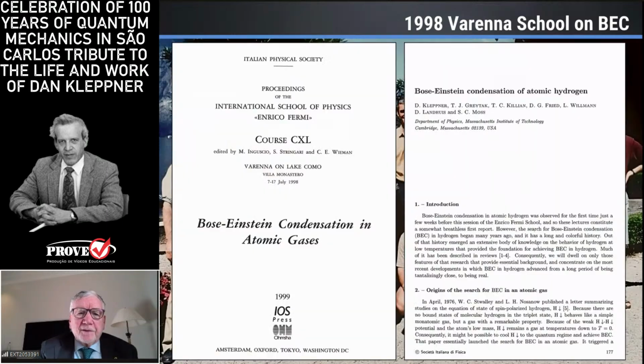And this is the paper that Dan published with his group about Bose-Einstein condensation of atomic hydrogen. I must say that the story of trapping hydrogen, cooling, and things like this was a very energy-demanding project, which eventually also produced a lot of excellent physics.